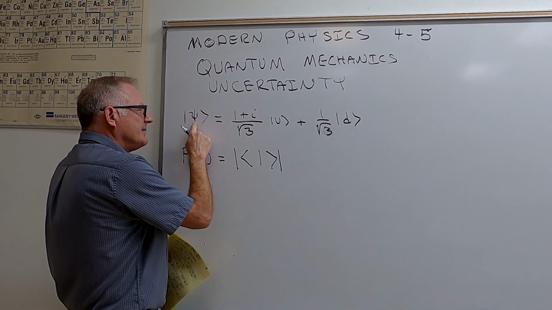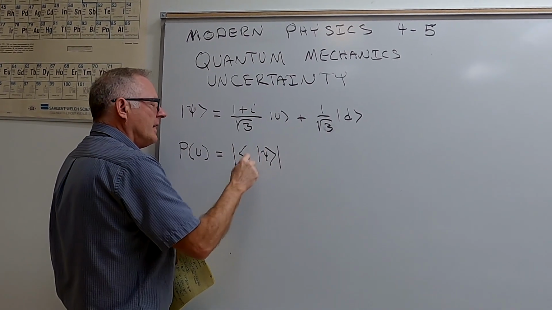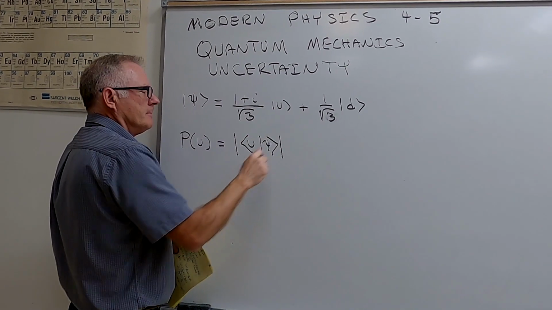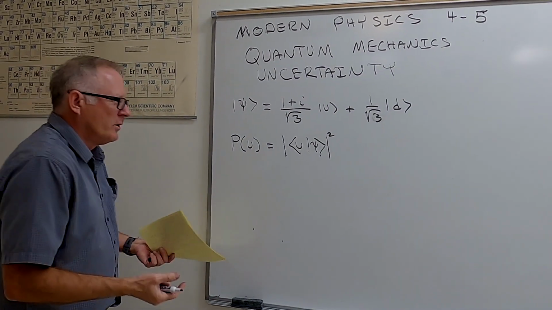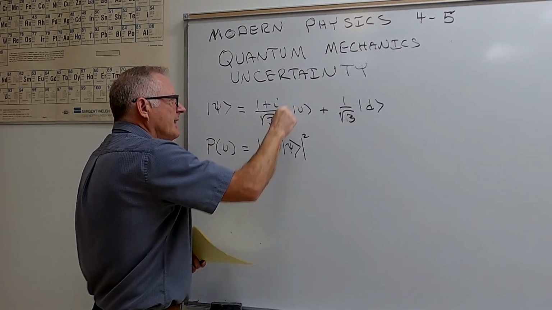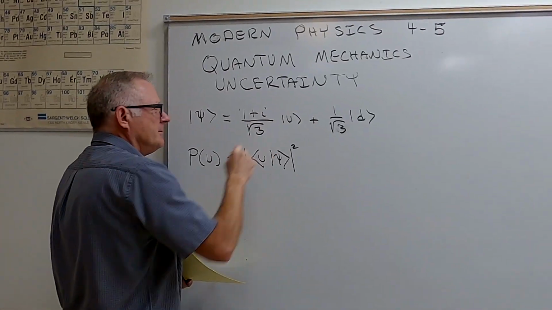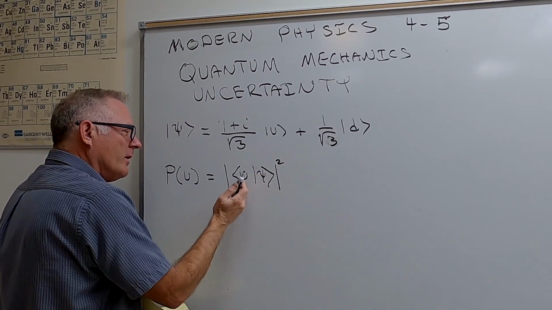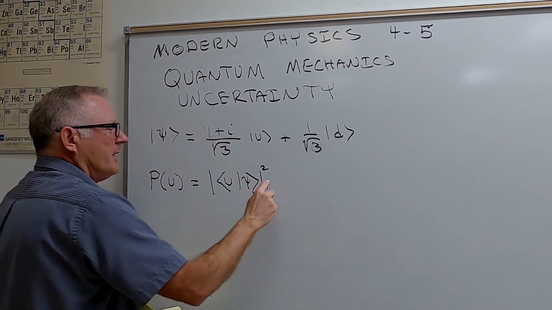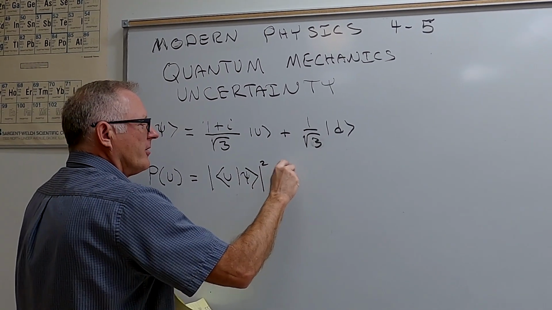So you're in state psi, and you want to measure up. That's the probability. Okay, but we already know what this is going to be. It's just going to be this squared, this times its complex conjugate. Why? Because when you dot down with up, you get 0. So this is just going to be 2/3.